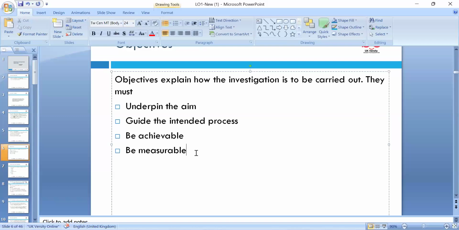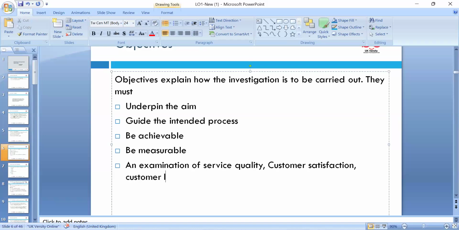So say we have a problem in our organization. We can look at an examination of service quality leading to customer satisfaction, and customer satisfaction leading to customer loyalty.